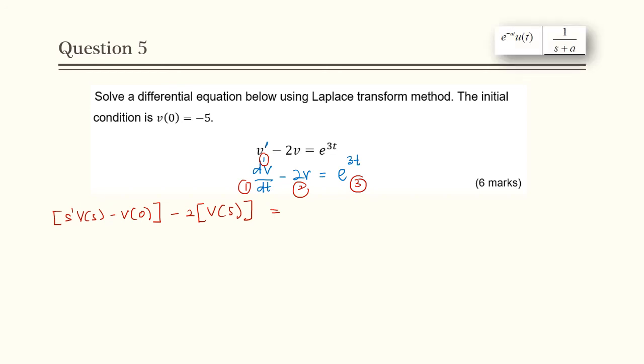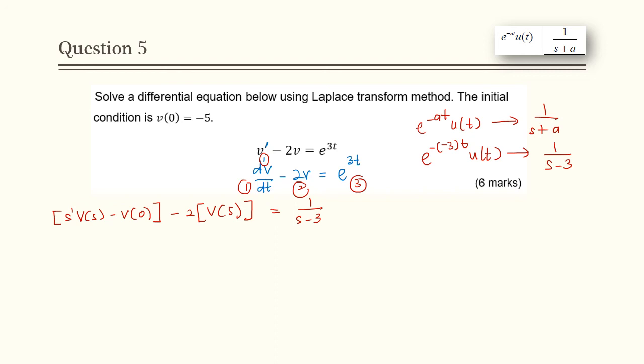Refer to the table. When you have e to the power of minus at u(t), it will produce 1 over s plus a. In this case, you have e to the power of 3t u(t), so a is equal to negative 3, so this is equal to 1 over s minus 3.